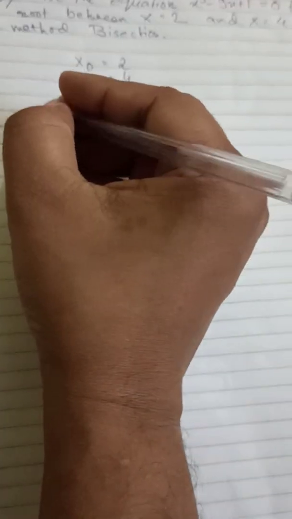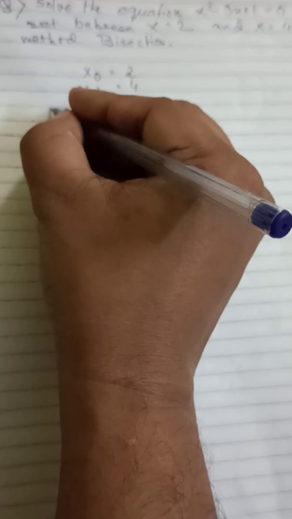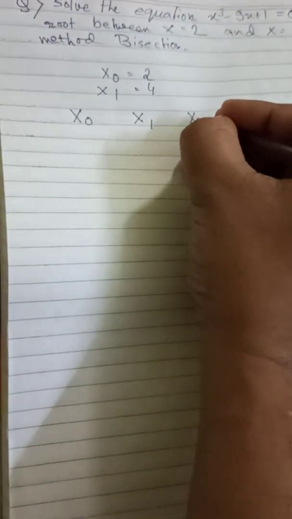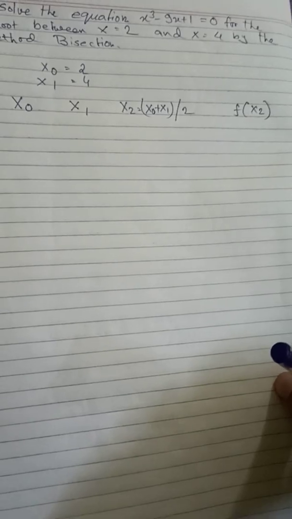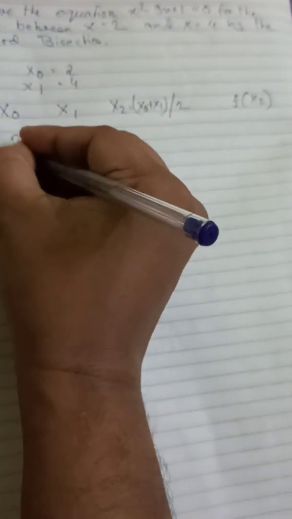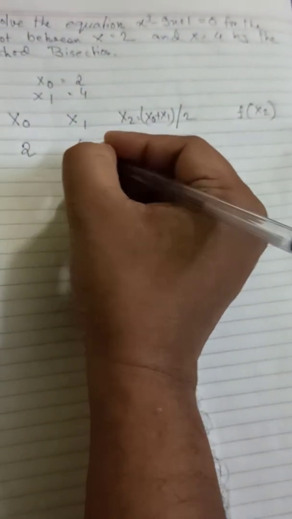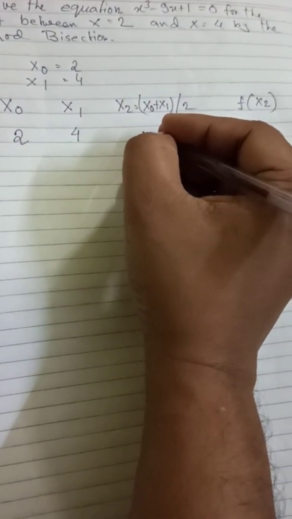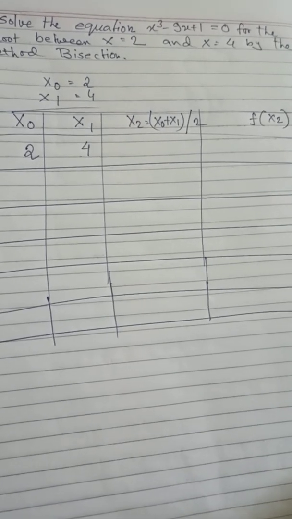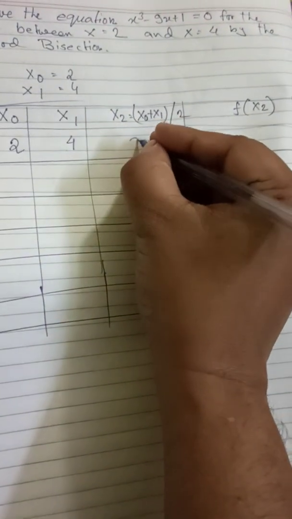So let's make a table. Okay, so this is the table: x0, x1, x2 is (x0 plus x1) by 2, and next is f of x2. At first the value of x0 is 2, x1 is 4, so x2 will be 3.